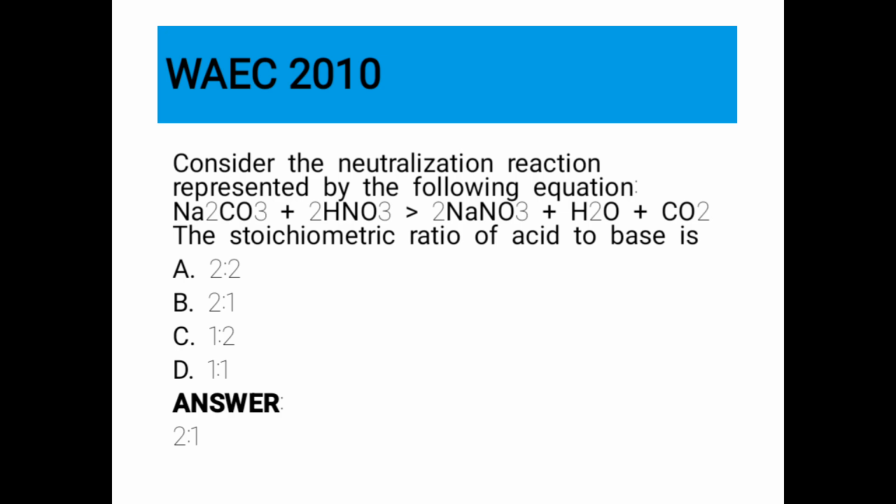So the question now says the stoichiometric ratio of acid to base. You just look at your equation. That's where you get your stoichiometric ratio from. Beside sodium trioxocarbonate(IV), you only have just 1. Then beside the acid, you have 2. So the ratio is 2:1, and the correct answer is B.